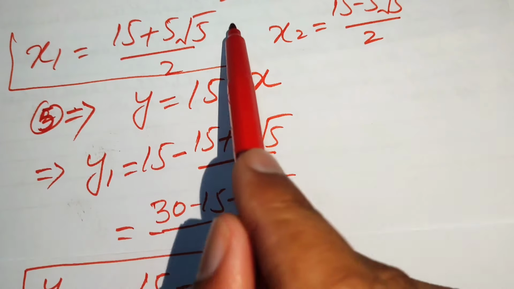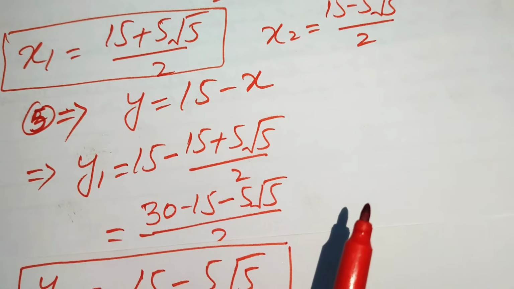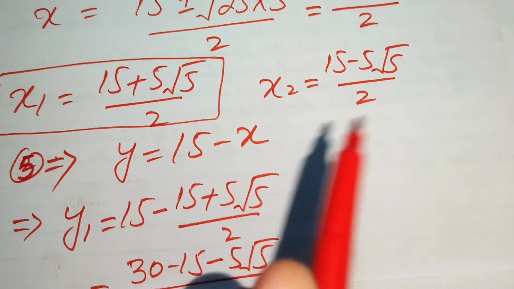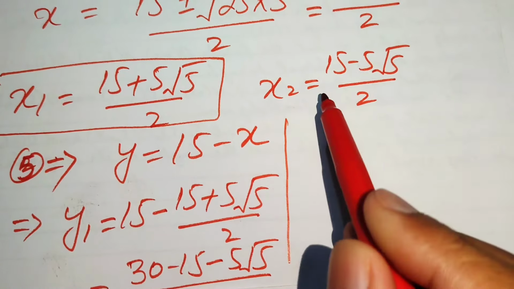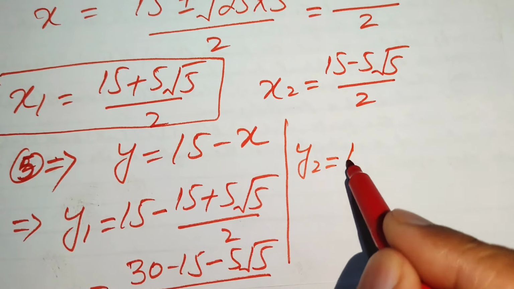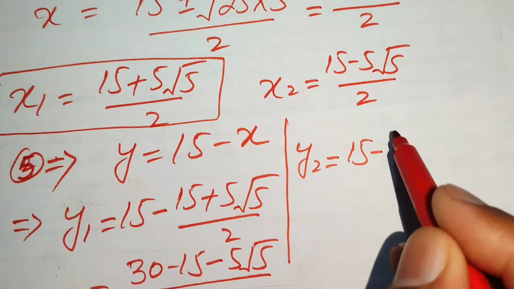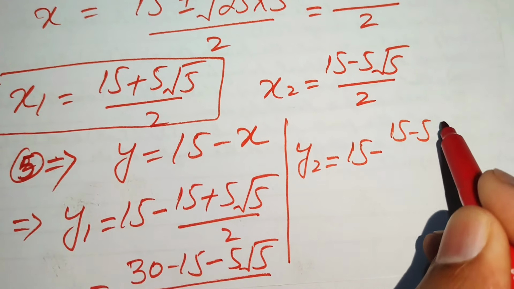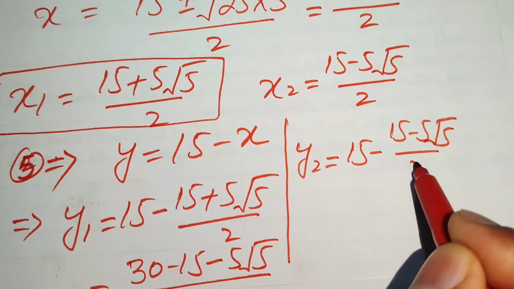Now we move on to find the value of y2, so we need to substitute the value of x2 in this equation. We get y2 equals 15 minus x, and the value of x is 15 minus 5 times the square root of 5, divided by 2.